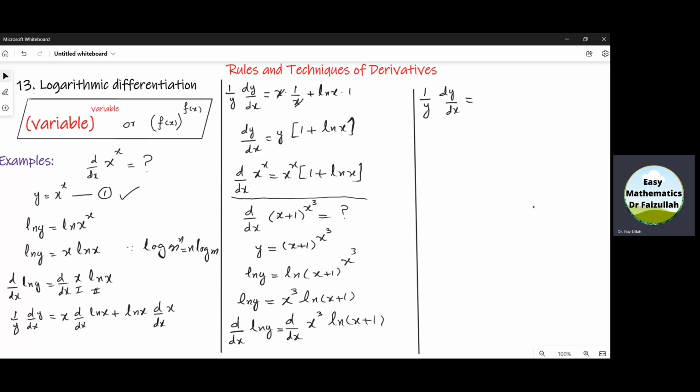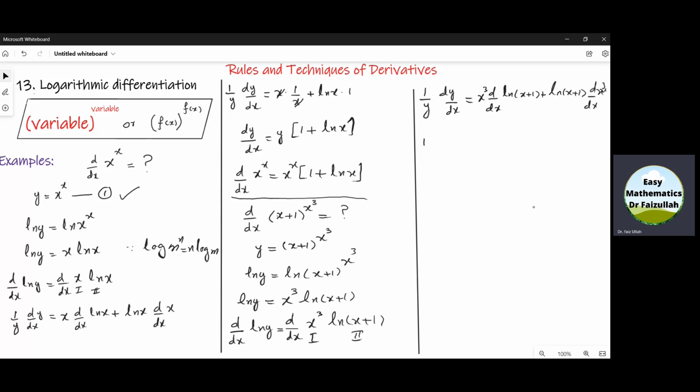From the right hand side, we use the product rule. So we write first function, differentiation of the second function, which is log(x + 1). Then plus second function log(x + 1) and differentiation of the first function, which is x cube.